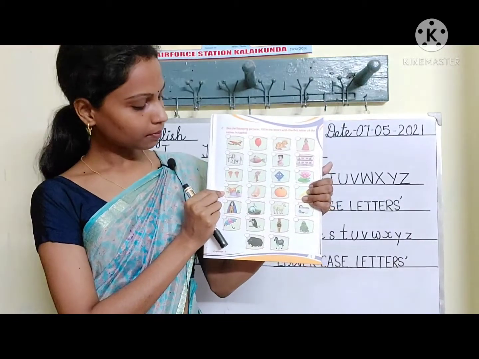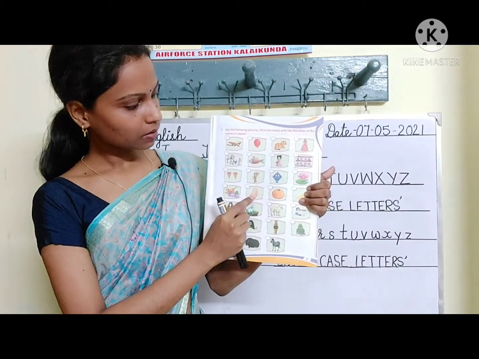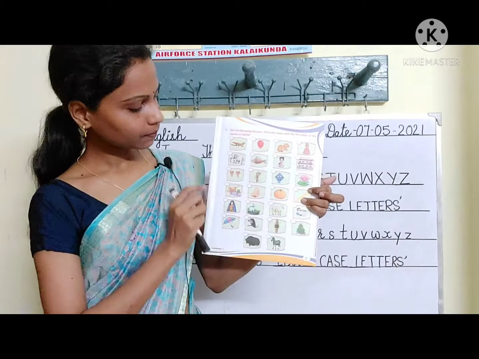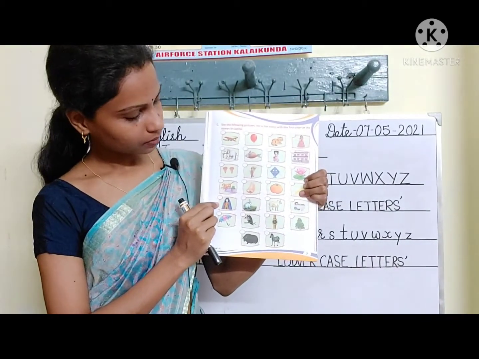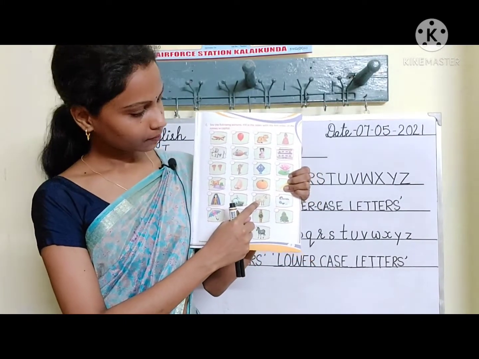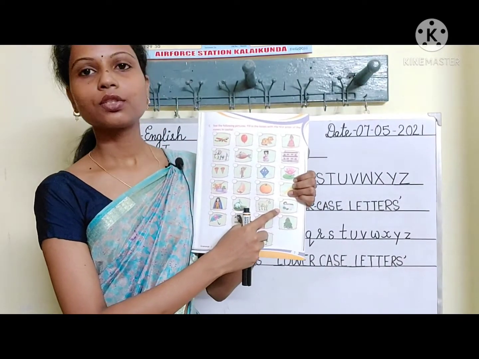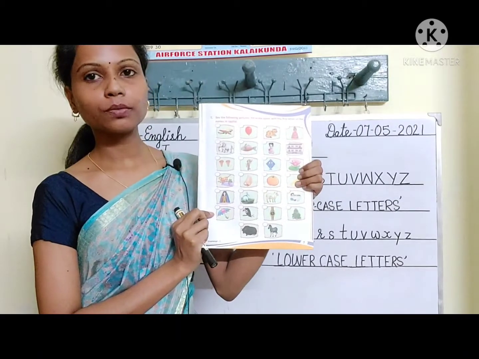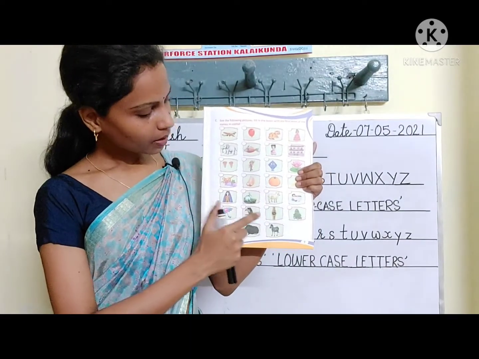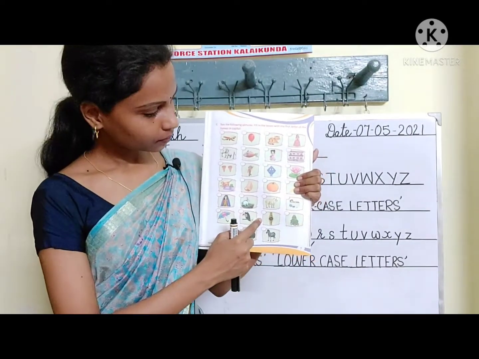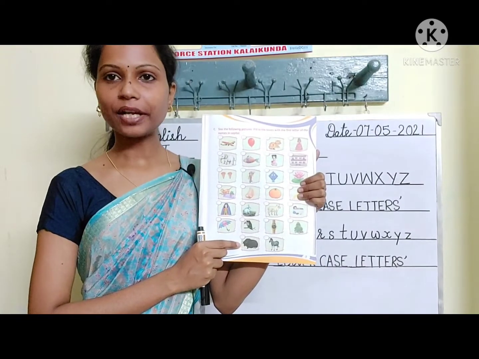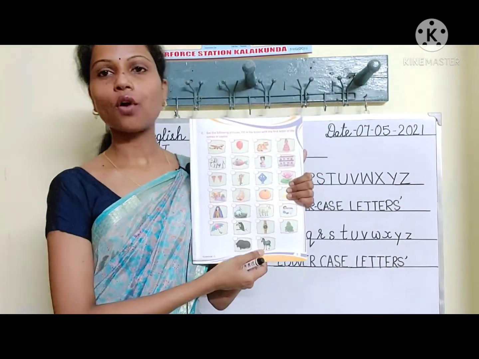M for monkey, N nose, O orange, P pencil, Q queen, R rabbit, S sheep, T toy, U umbrella, V vulture, W watch, X Xmas tree, Y for yak, and Z for zebra.